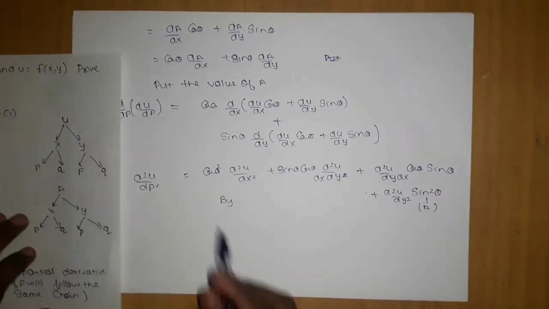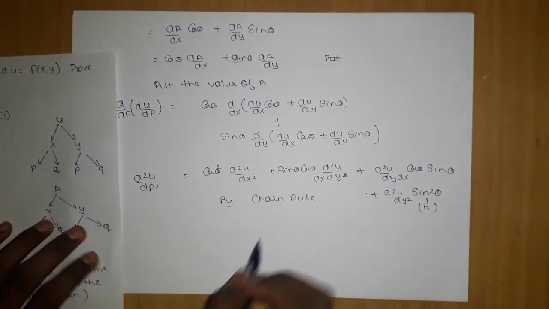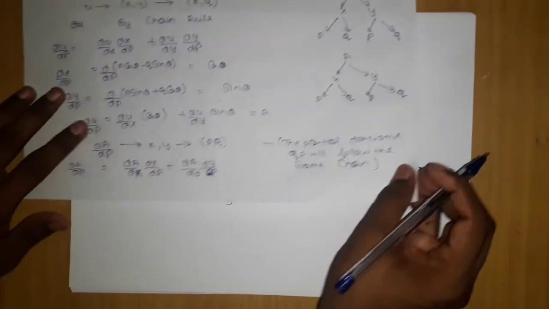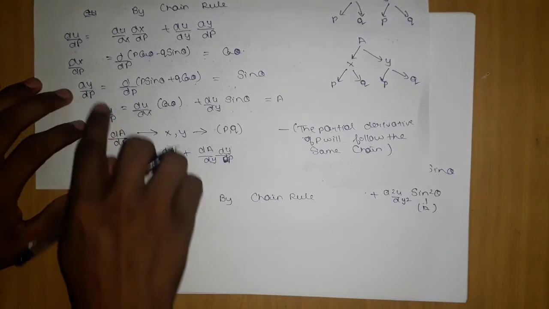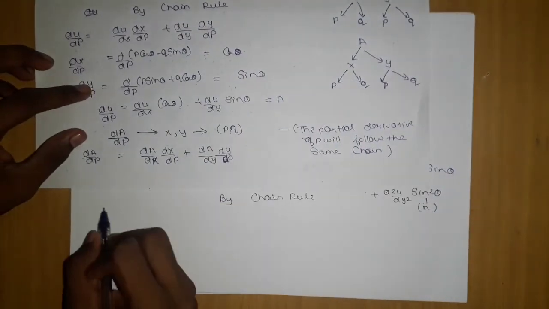Now what we are going to do, we are going to use the chain rule again. Here you cannot say similarly, because it is a second derivative problem, but the first derivative part you can derive by directly saying similarly.